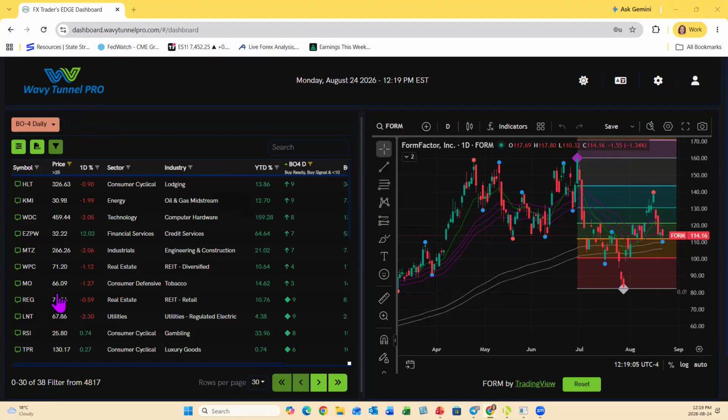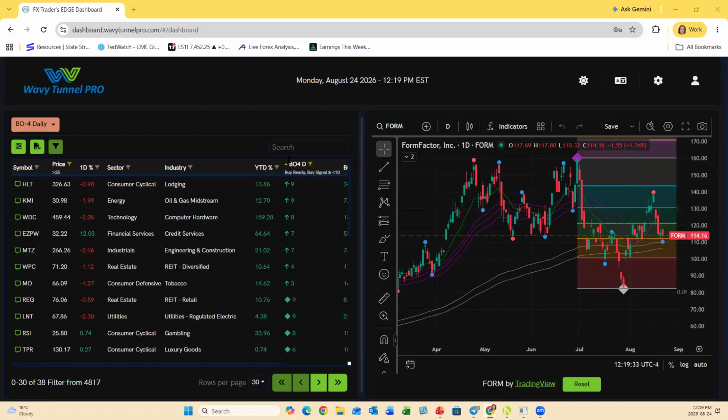I've set up the Breakout 4 daily scan, and how I've set it up is price greater than $25. I put the sector and the industry here because I like to know what industry and sector each stock is in. It's important for me. I also like to see the year-to-date percentage.